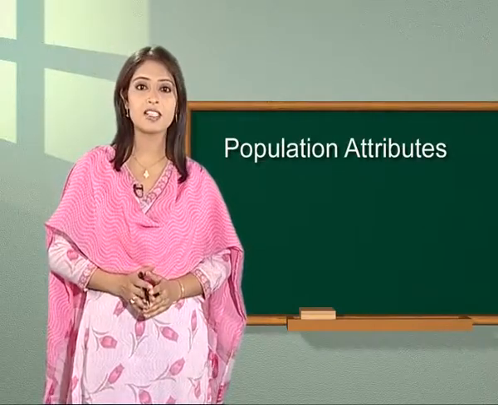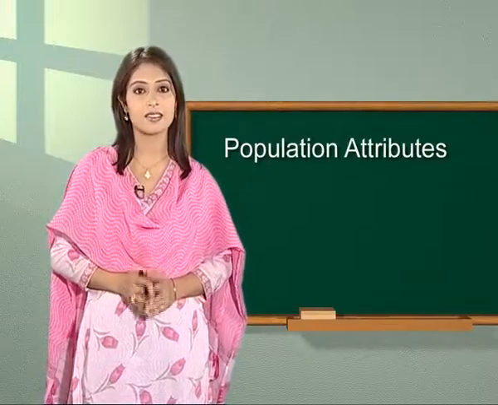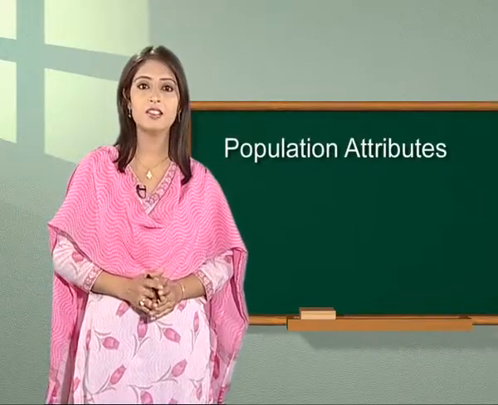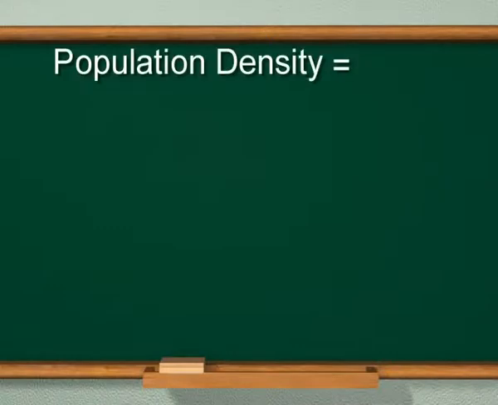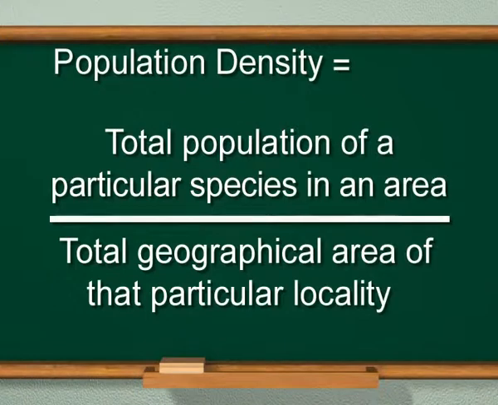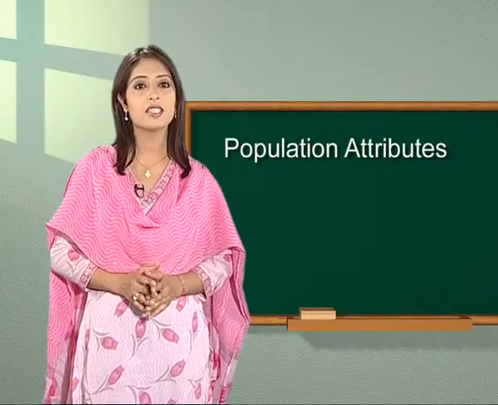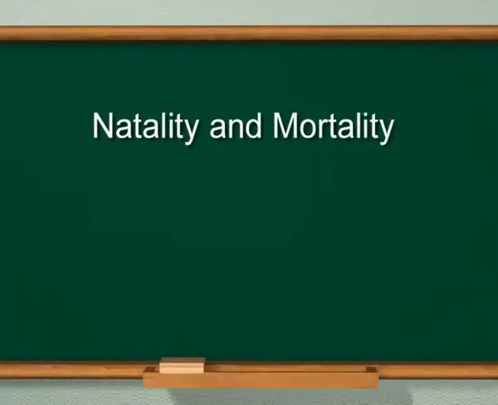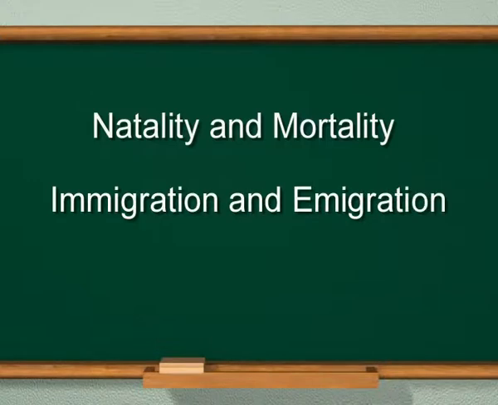Let us just list the concepts which we have learnt in today's class. Population density, which we learnt to calculate by the formula: population density is equal to the total population of a particular species in an area divided by the total geographical area of that particular locality. We also learnt that population density is affected by 4 factors: natality and mortality, immigration and emigration.